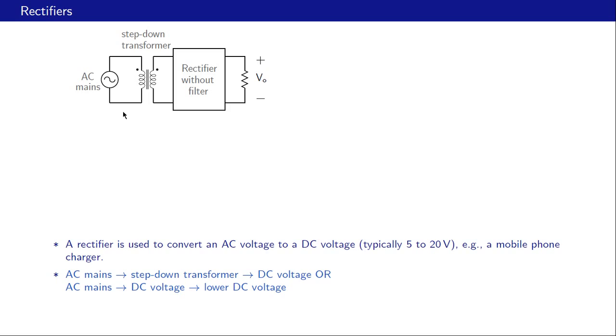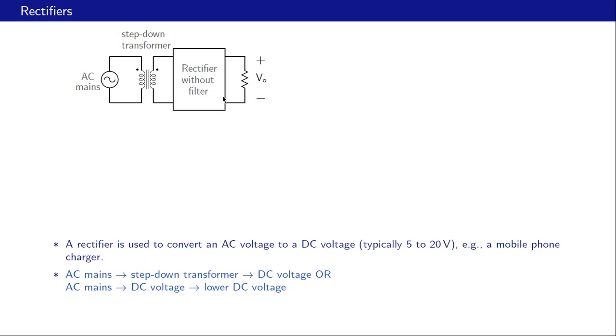as illustrated in this schematic diagram here. We have the AC mains, and that voltage is stepped down with this step down transformer. After that, we have the rectifier without filter, and we will very soon see what is the meaning of this filter here.